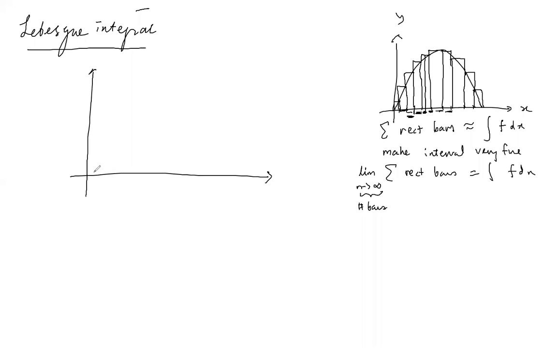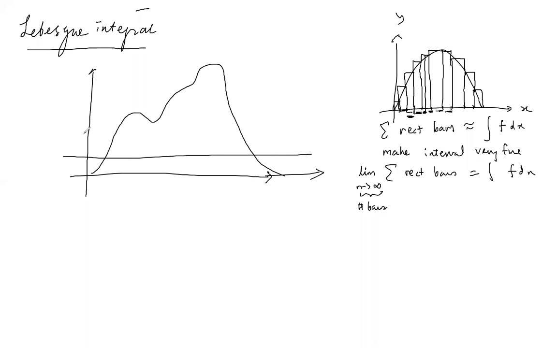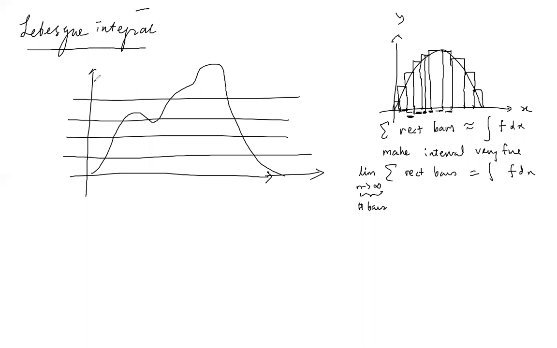To illustrate, it also starts with an approximation. Let's say I have some arbitrary curve, and you make partitions like this, like this, like this.